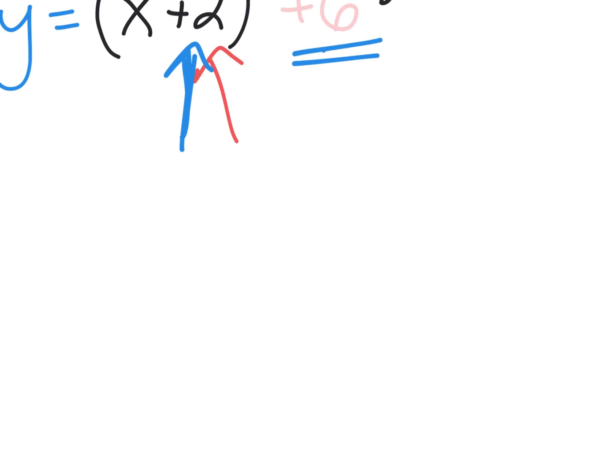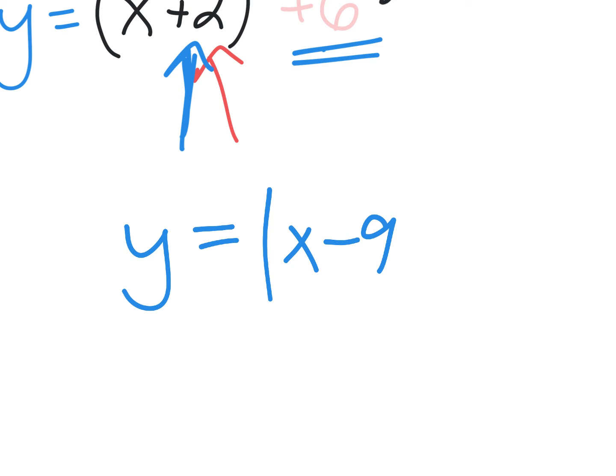All right, let's see if you really understood that. Y equals absolute value of x minus 9, absolute value. Which way do you think that moves? Kai, what do you think?